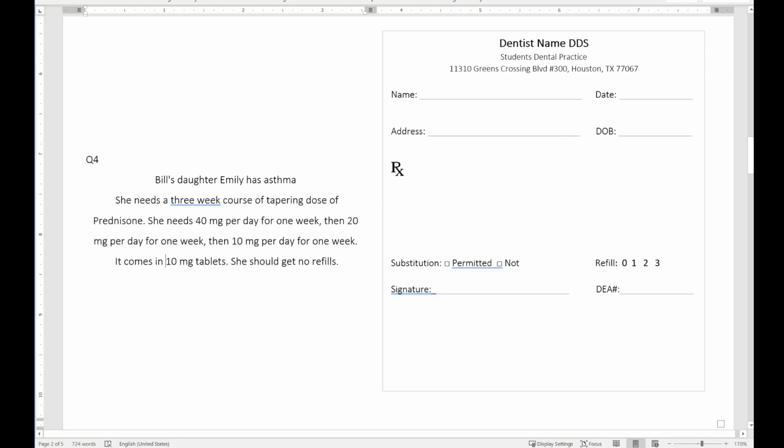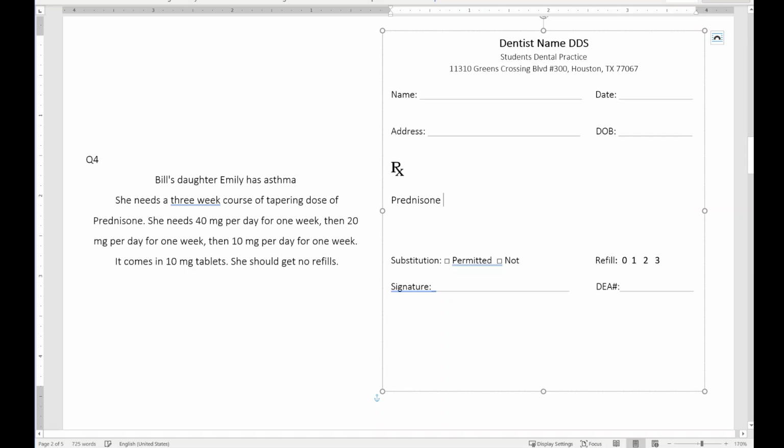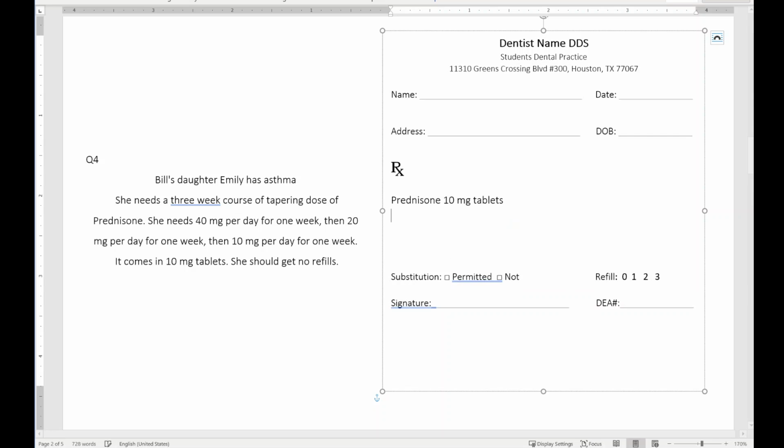It comes in 10 milligram tablets, and she gets no refills. So the name of the drug first, which is what? Prednisone. The strength, which is this. And then we need what? We need the prescription.